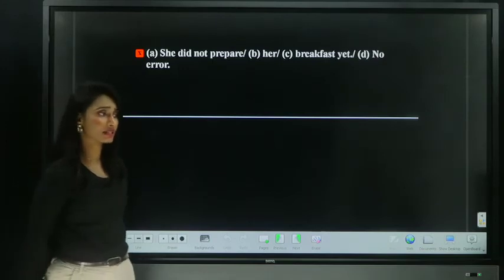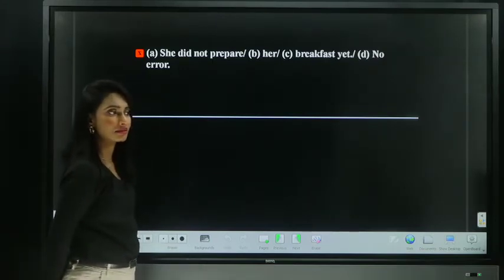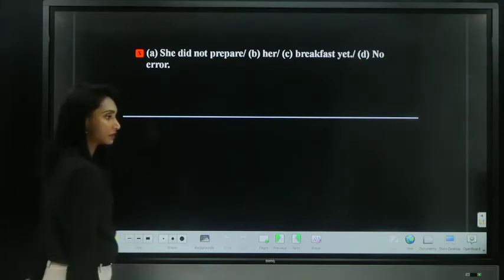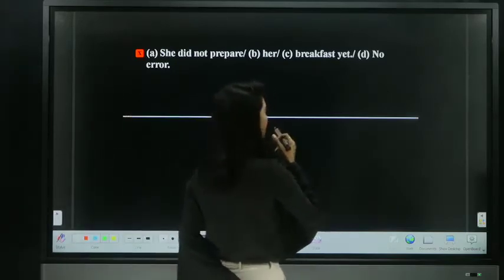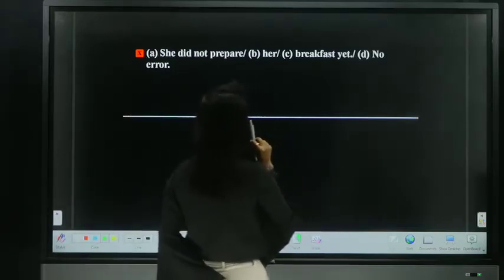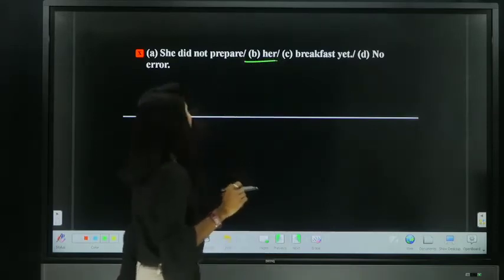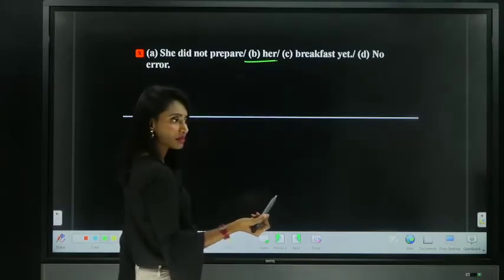You have a very clear time indicator given here. Fast. So what's the time indicator in the sentence? So B is only her. So what is the error, Swapna, in B? She did not prepare her breakfast. So what is the error in B?